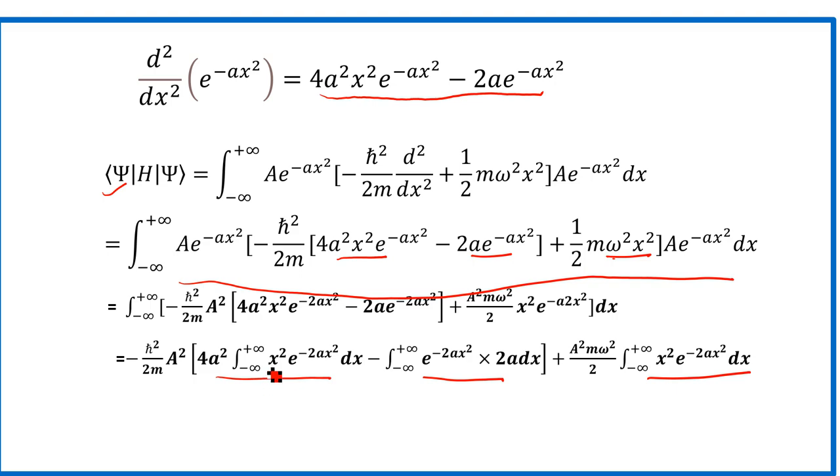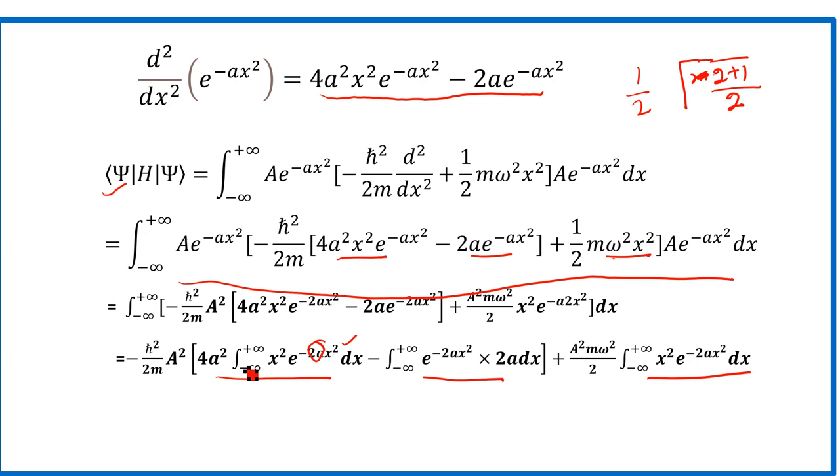Now solve the first term. For x^2, m is equal to 2, a is replaced by 2a, and n is equal to 2. So their value is 1 by 2 gamma((m+1)/n); m is 2, so it is gamma(3/2).